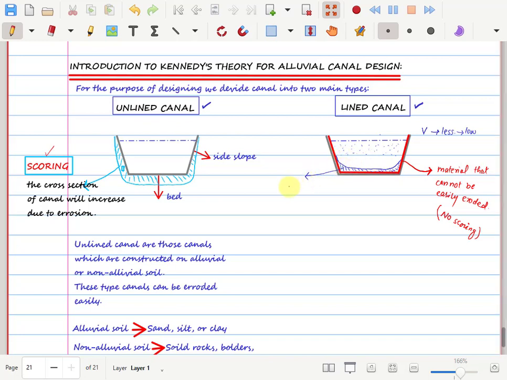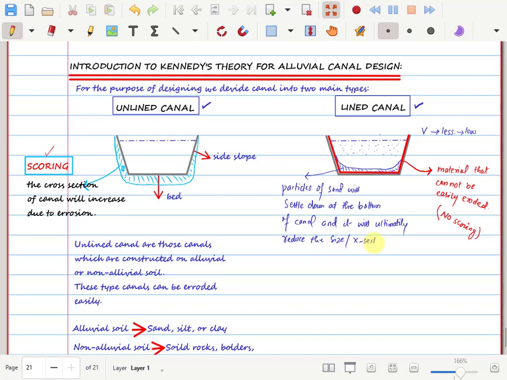So what will happen? Particles of sand will settle down at the bottom of the canal, and it will ultimately reduce the size, or you can say the cross section, of the canal.